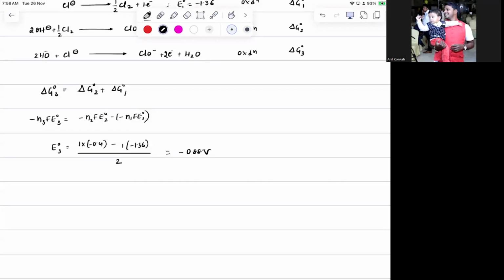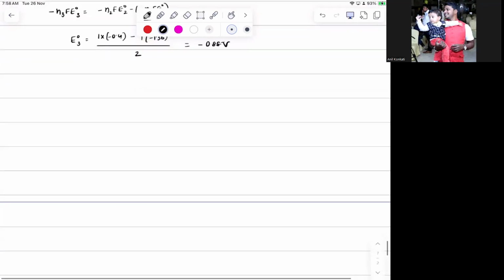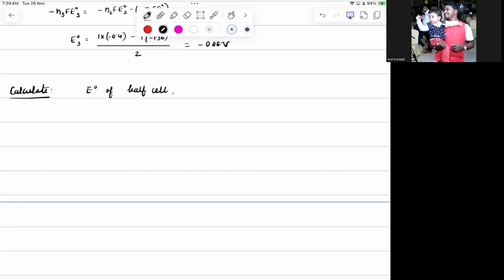See, in the earlier question what we did, let me take one more of a similar kind here. Suppose I gave you, calculate E naught of the half cell which is Ag(NH3)2 plus aqueous plus an electron giving silver plus 2 moles of NH3.